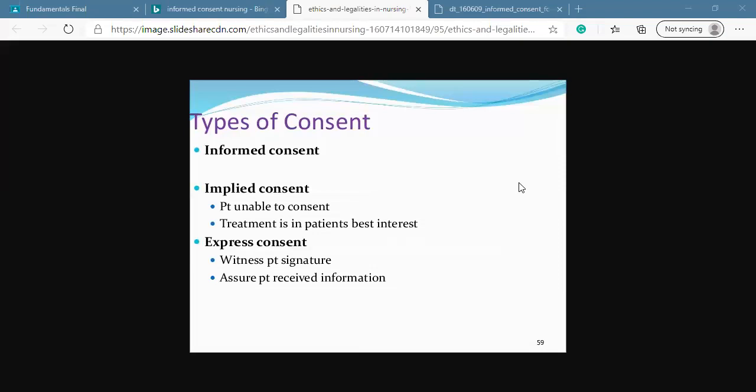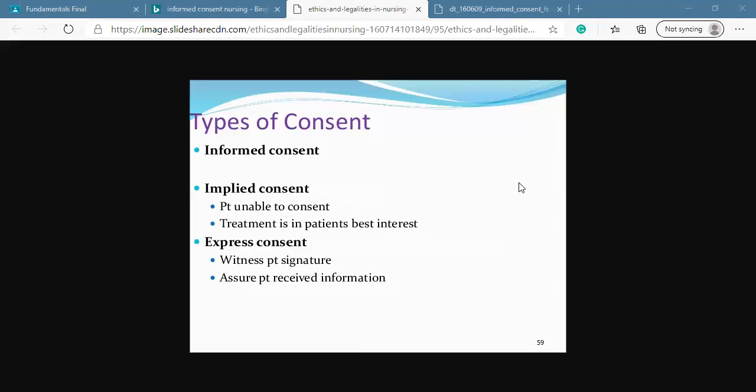If the patient does not understand English, we have to arrange a medical interpreter, if needed. Also, we explain the risks of the invasive procedure and what the benefits are.